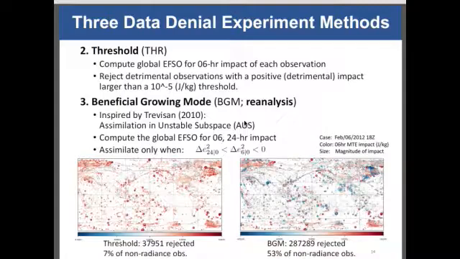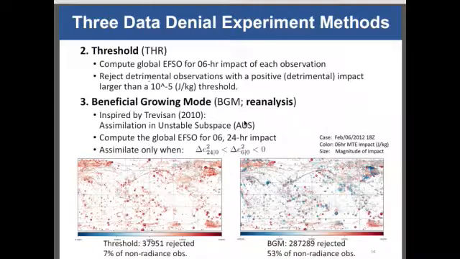So that was very promising, so we want to try something more aggressive. That's the threshold method and the beneficial growing mode. In the threshold method, I simply compute the global EFSO. I do not restrict it to the forecast error degradation region. I compute the global EFSO, and I reject the detrimental observations that are more detrimental than a threshold of 10 to the -5 joule per kilogram.